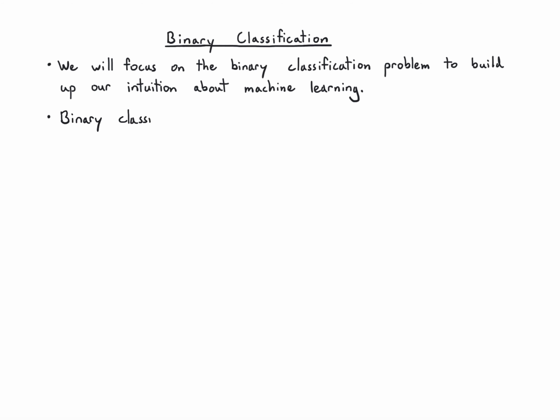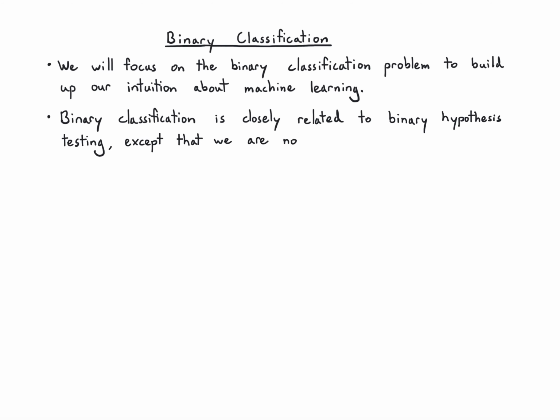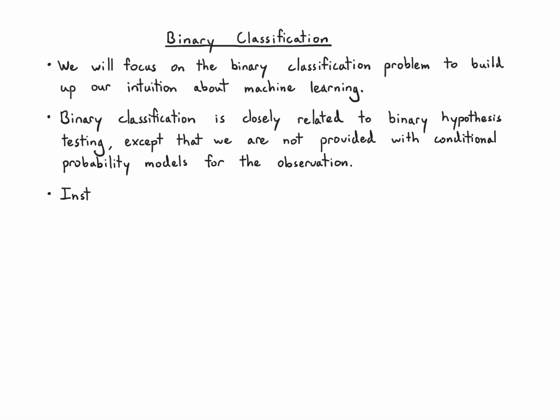Binary classification is closely related to the idea of binary hypothesis testing that we've studied before. The key difference is that we're not provided with any conditional probability models. So we don't know what the observation is going to look like under either hypothesis. We just have a data set with labeled examples.